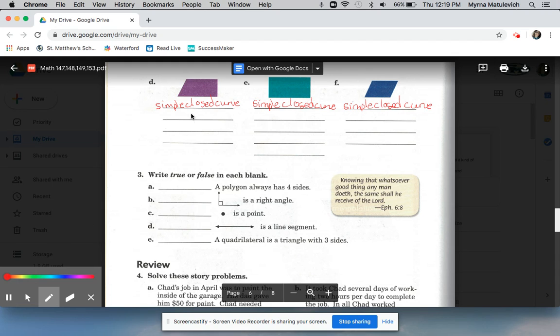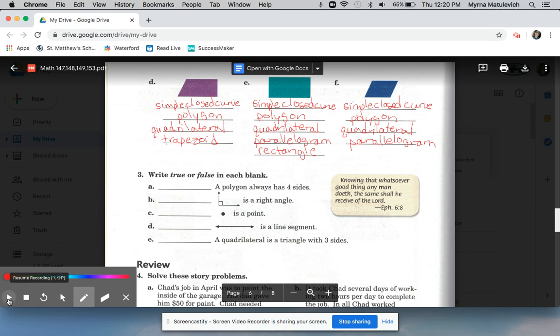I started out by saying these are all simple closed curves. I can tell that because there's no intersecting lines and there's no openings in the shape. I can also say these are all polygons because they're all made up of line segments. All three of these shapes are also quadrilaterals because they each have 4 sides. So D is a trapezoid. I have just 2 parallel lines.